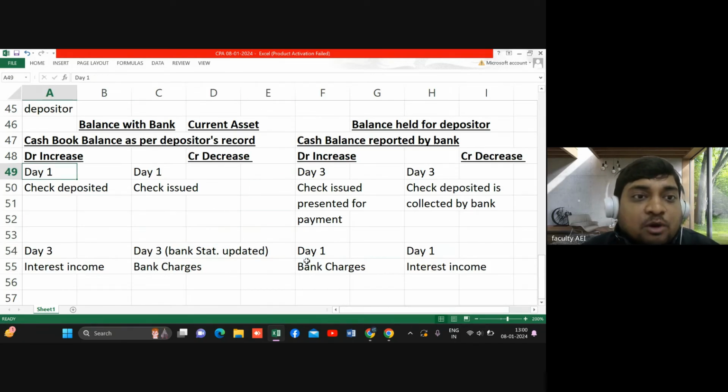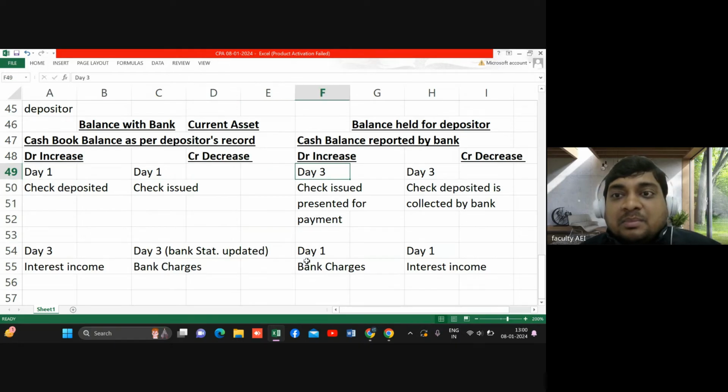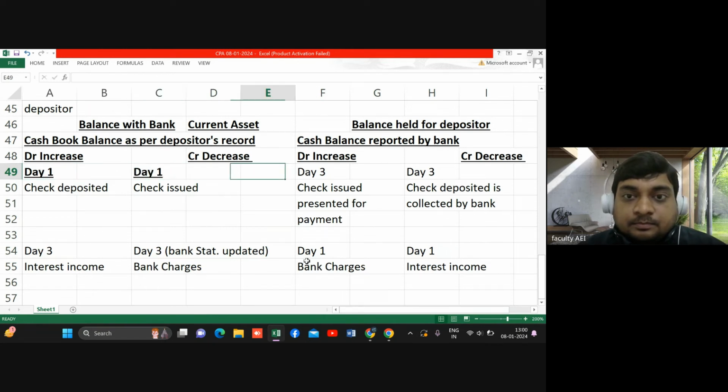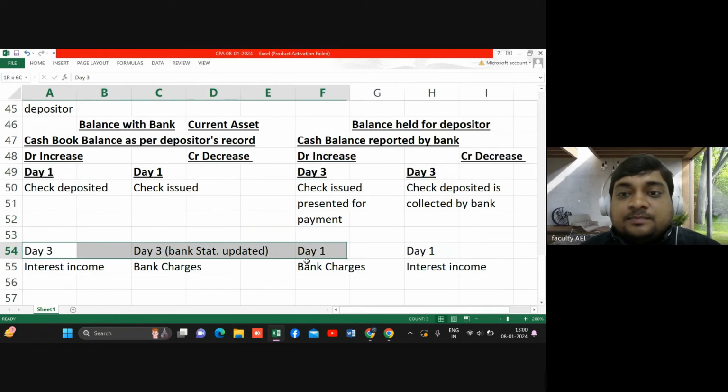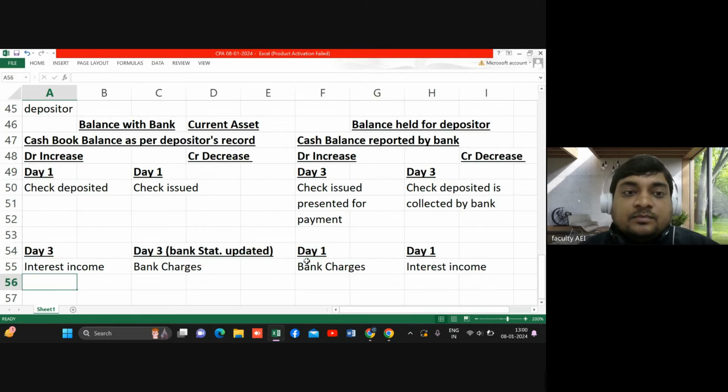If day one I deposit the check, I am increasing my balance with bank. But bank balance will only increase on day 3. Similarly is the case with check issued.